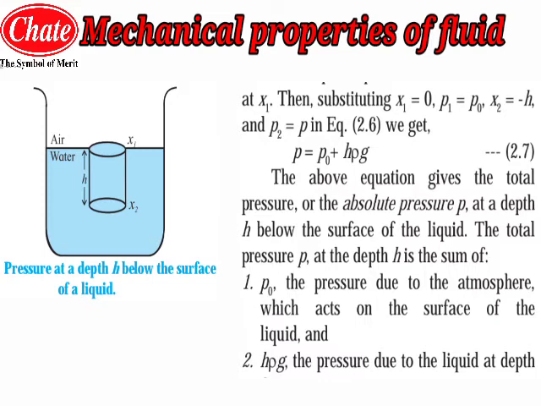This equation gives us the total pressure, or the absolute pressure P, at depth h below the surface of the liquid. The total pressure P at depth h is the sum of first P0, the pressure due to the atmosphere which acts on the surface of the liquid, and h rho g, the pressure due to the liquid at a depth.